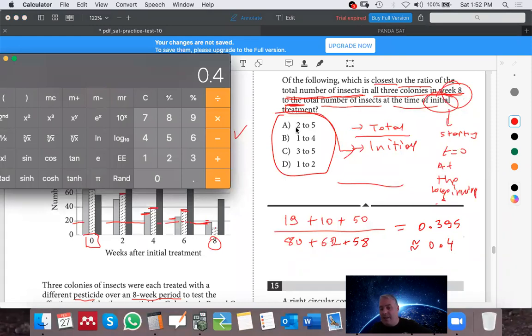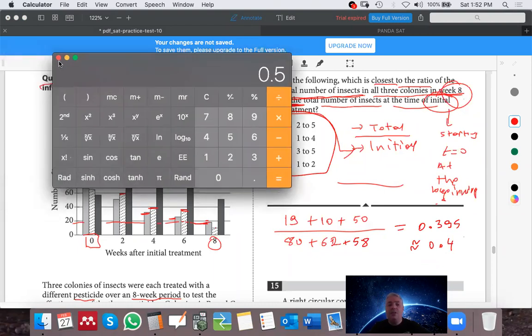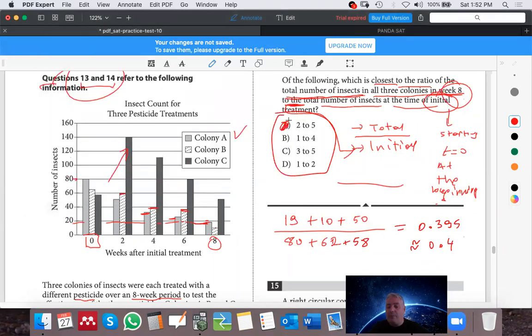The answer is A. But to be sure, let me check the others. 1 over 4, 0.25, so it's not equal. 3 over 5, 0.6, it's not equal. And 1 over 2, you know, 0.50, it is not. So the answer of the question is directly part A.